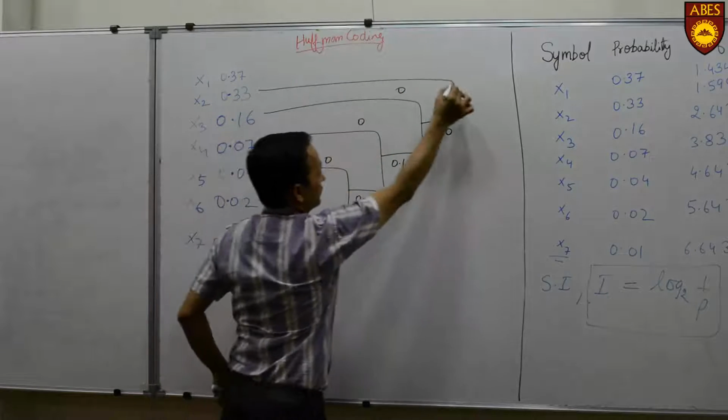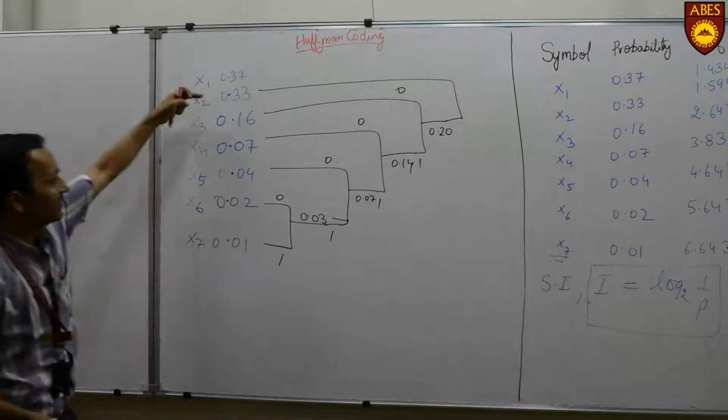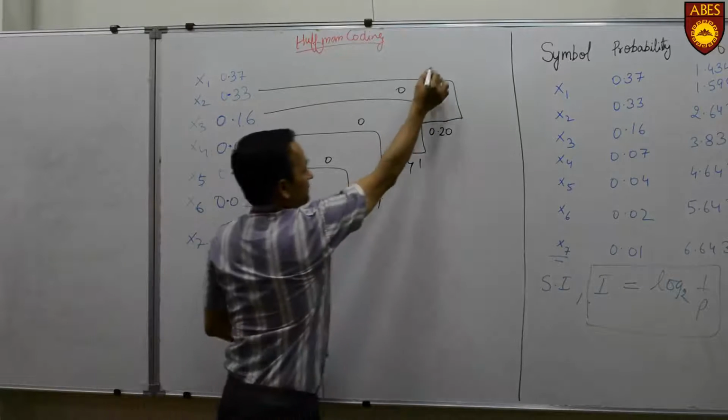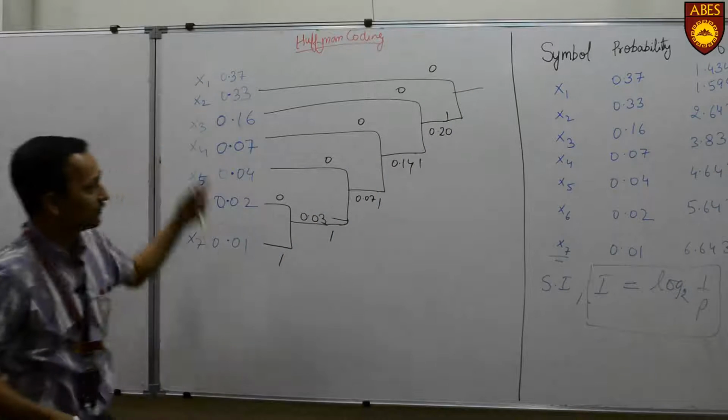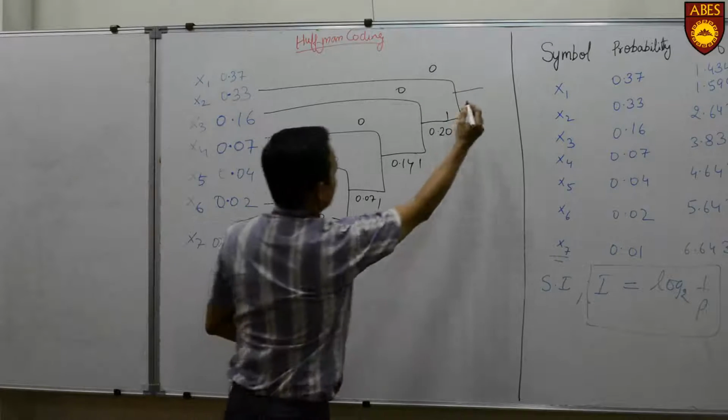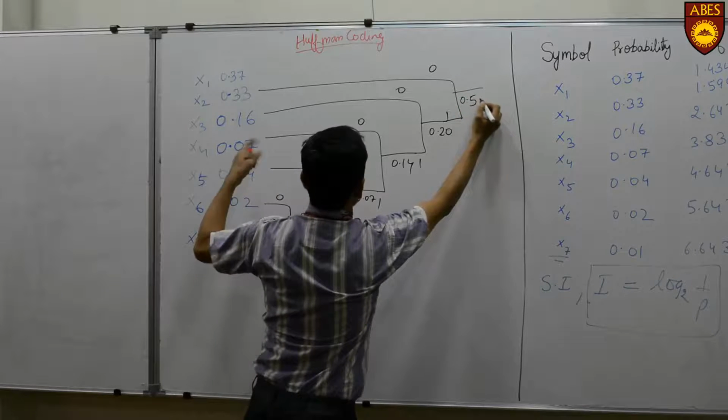Again we take the lowest two symbols, which are 0.33 and 0.20, and assign 0 and 1. This is the order that we have to follow. Again take their sum, which comes out to be 0.53.